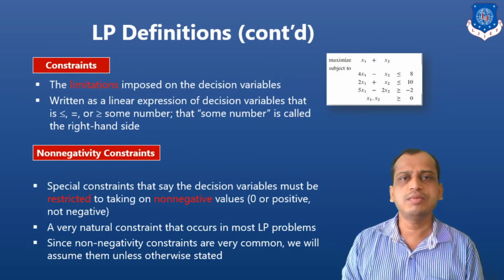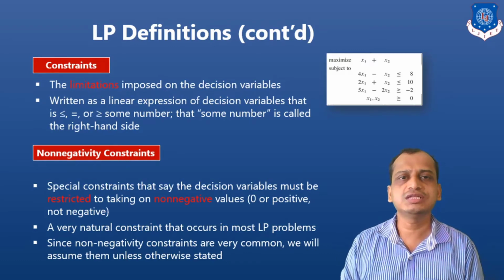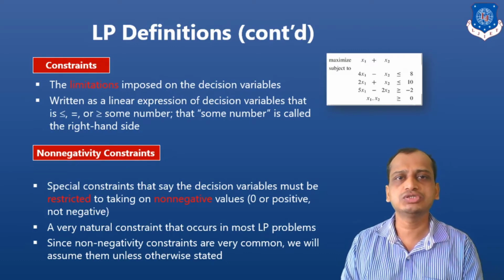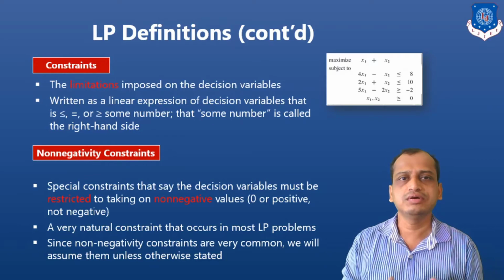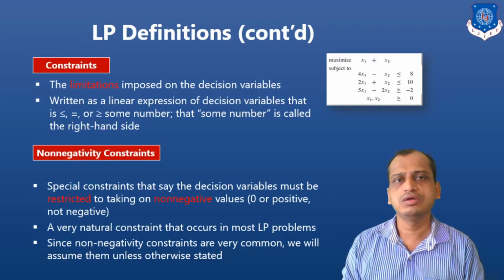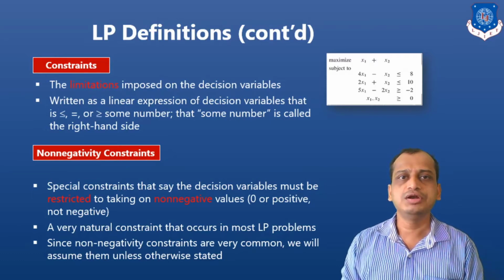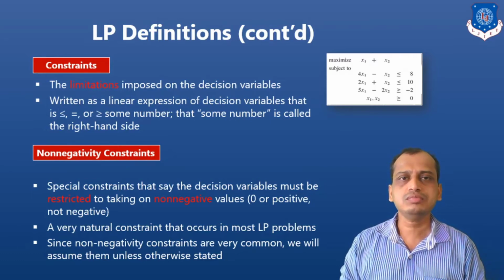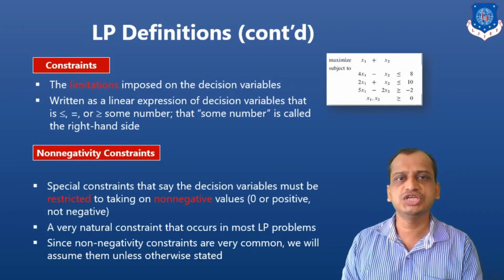Now let's talk about constraints as well. A constraint is nothing but the limitations imposed, right? Let's say for the same example, a company is manufacturing chairs and tables. What are the constraints involved? The constraints may be the timber, the wood that goes into the chair and table.